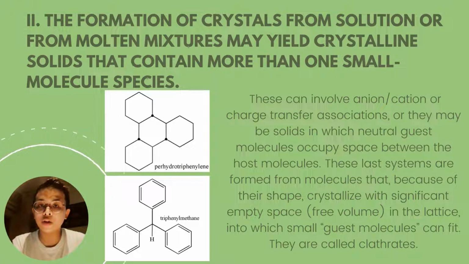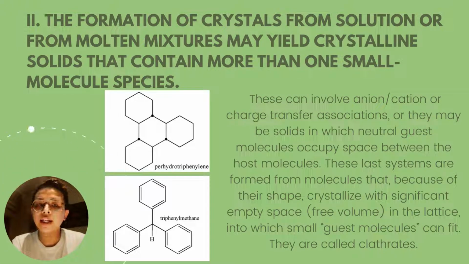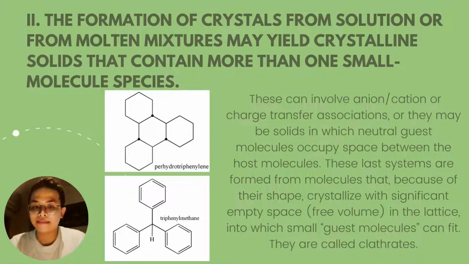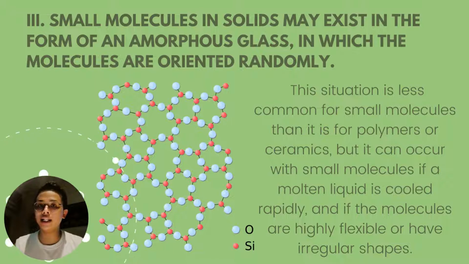These last systems are formed from molecules that, because of their shape, crystallize with significant empty space in the lattice, into which small guest molecules can fit. They are called clathrates.